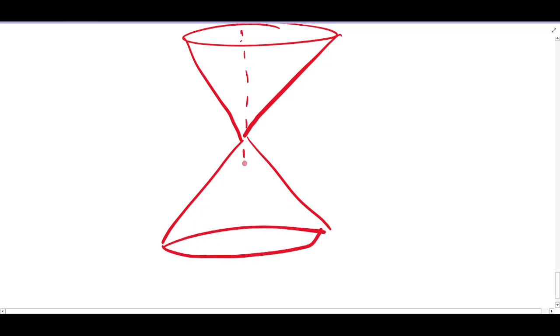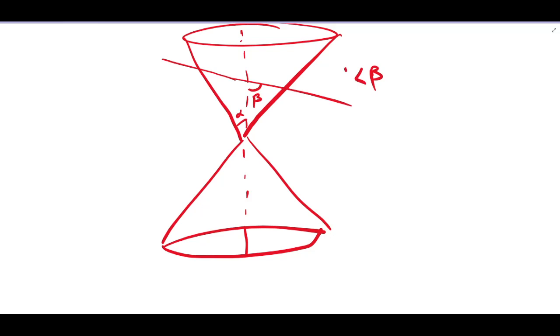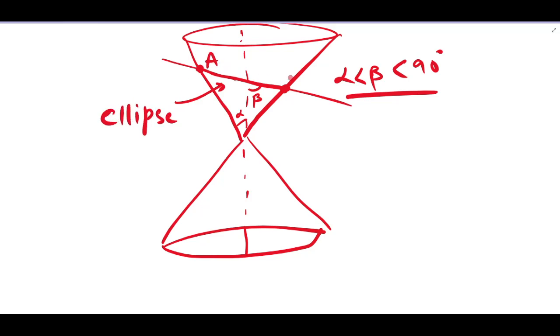So this is the vertical axis, and this is alpha, and this is beta. So here beta is greater than alpha and less than 90 degrees. So we get an ellipse as a conic section. So this part is ellipse AB.